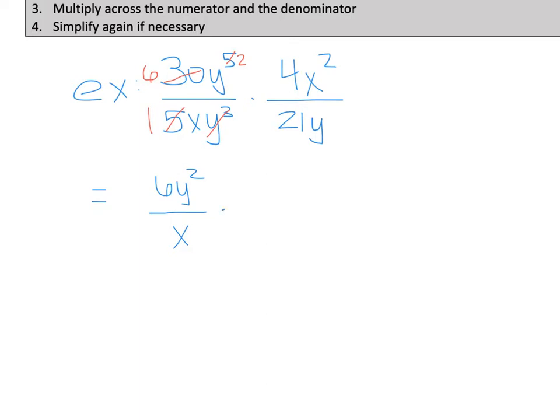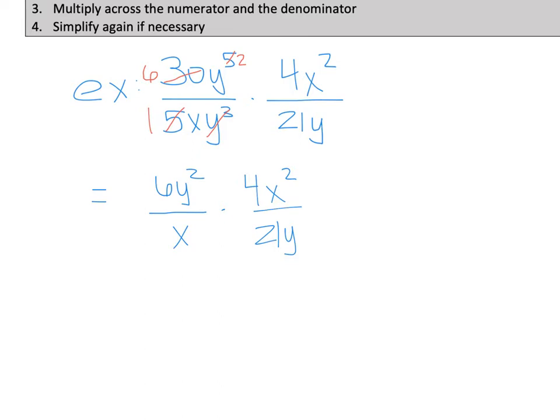In the second rational expression, there's nothing canceling, right? There are no common factors, but we can cancel across the multiplication sign. If there are common factors in the numerator and denominator across the multiplication sign, we can cancel those as well.